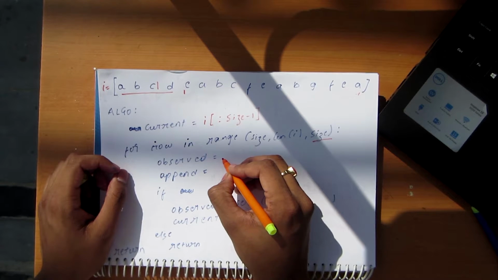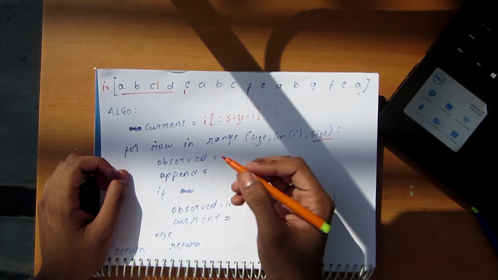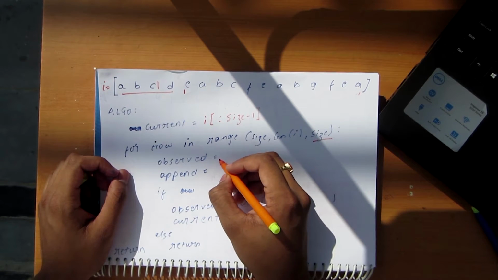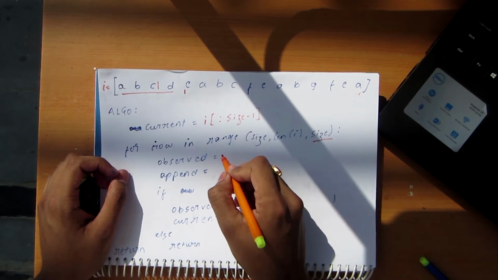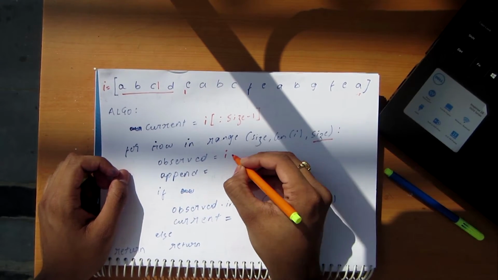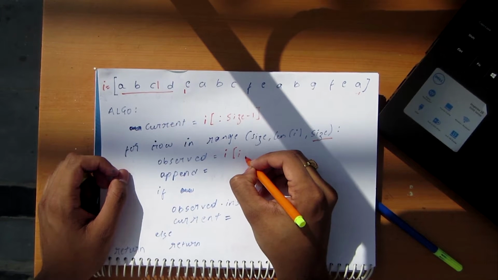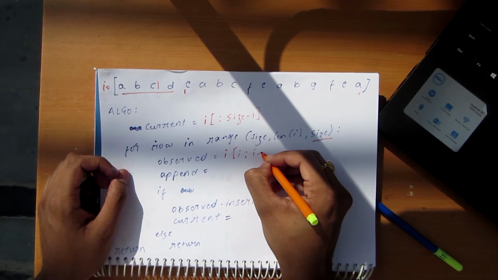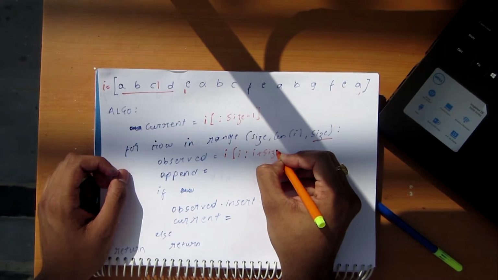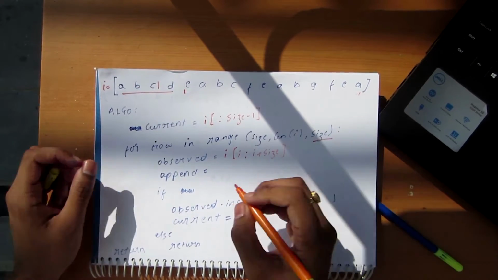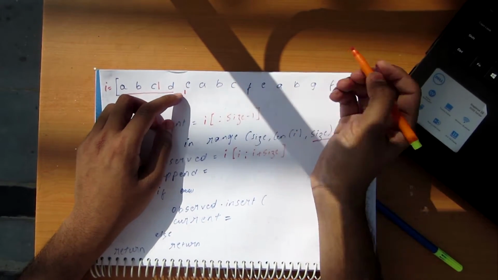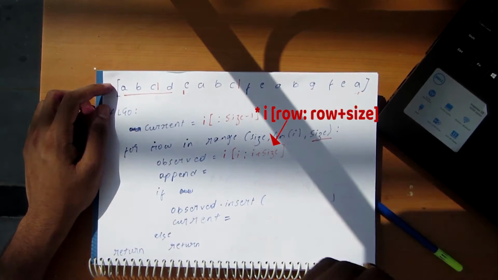So here we will construct an observed array which consists of the elements from I to I plus size, which is in fact the elements from here to here.